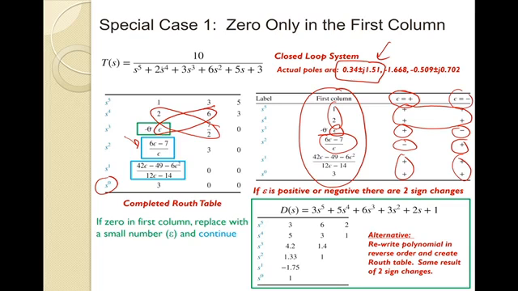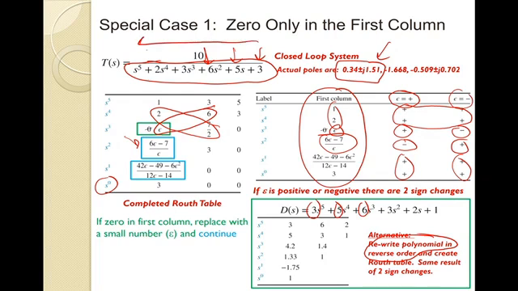So if we take this characteristic polynomial right here, and if we rewrite it in reverse order, okay, so here I start with 3, then I go to 5, then I go to 6, etc. So I'm basically going this way and writing my coefficients this way, okay?